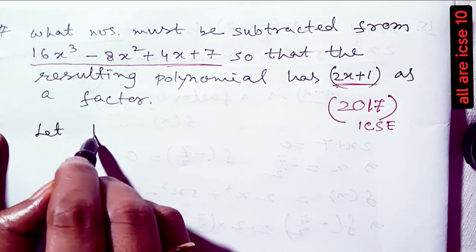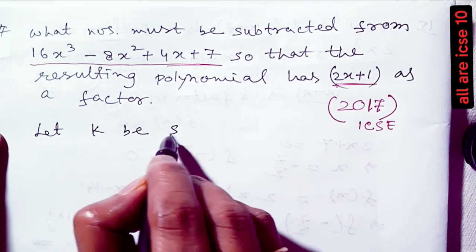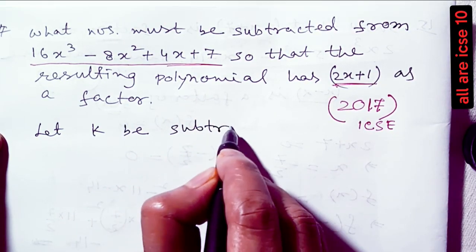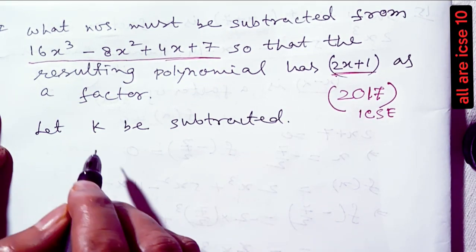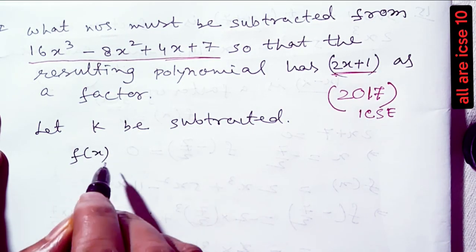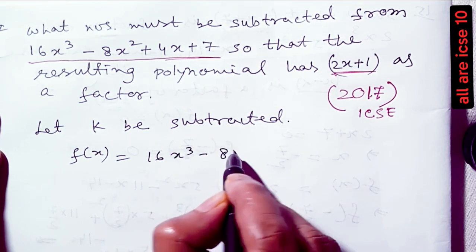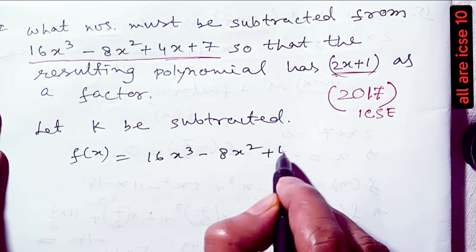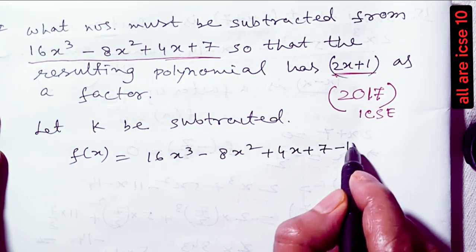Let k be subtracted. So now our polynomial fx equal to 16x cube minus 8x square plus 4x plus 7 minus k, subtracted meaning minus k.